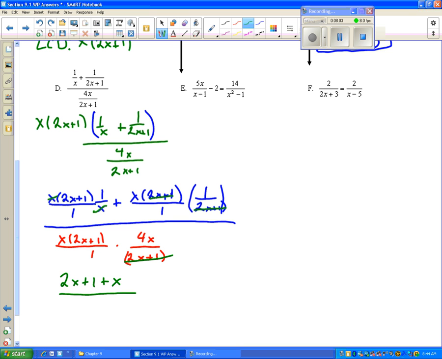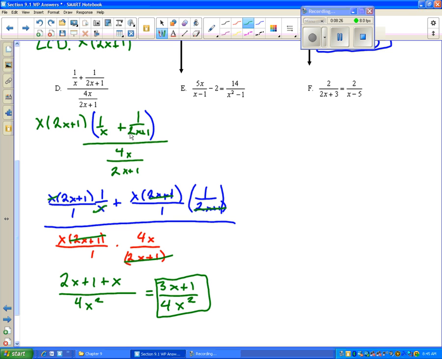Here, the 2x plus 1's cancel, leaving x times 4x over 1, which is 4x squared. And this simplifies to 3x plus 1 over 4x squared. So this is my final answer, 3x plus 1 over 4x squared.